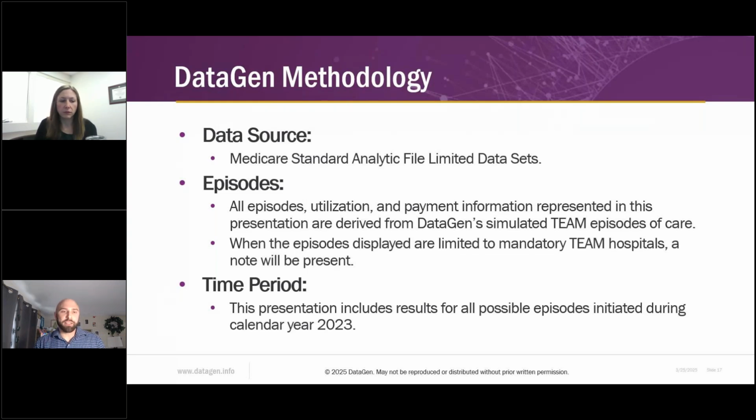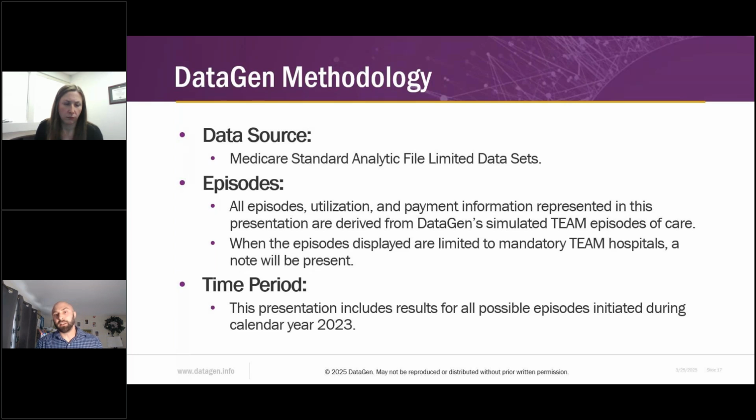So getting into the methodology. DataGen is using the Medicare Standard Analytic File Limited Data Set. This data has 100% of inpatient, outpatient, home health, skilled nursing facility, and hospice. These settings make up the majority of episode cost.